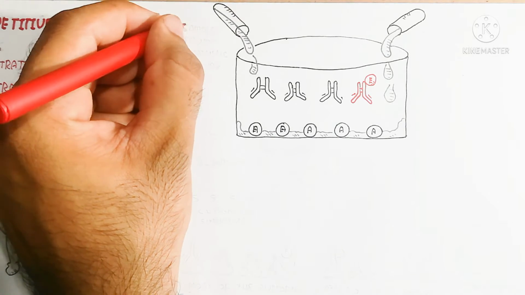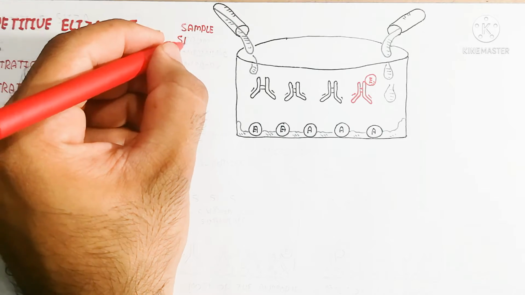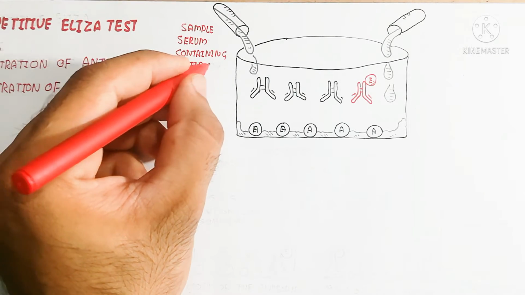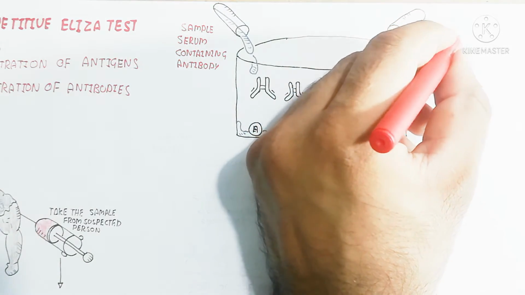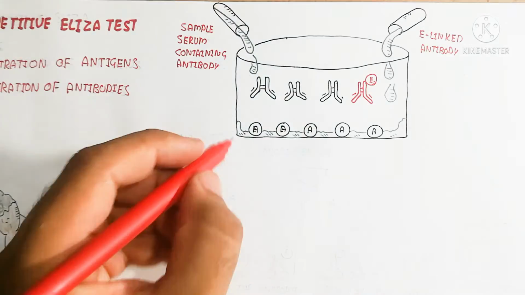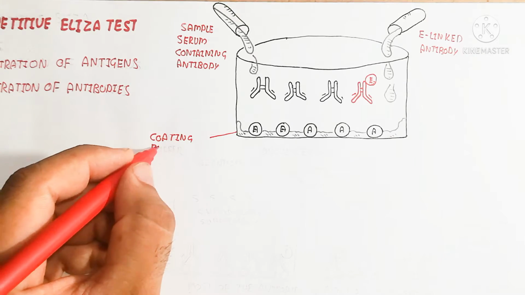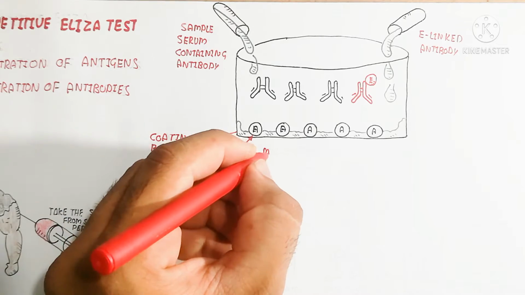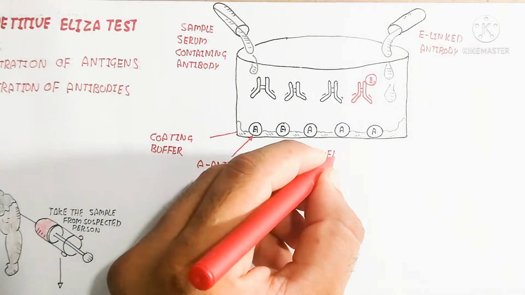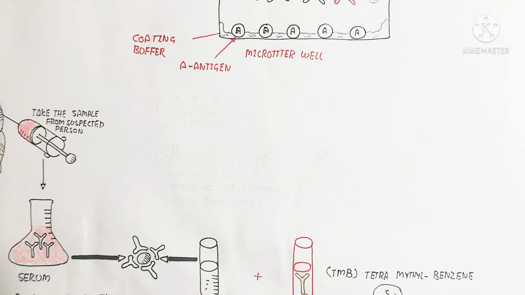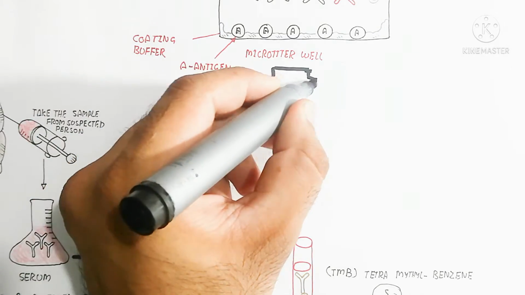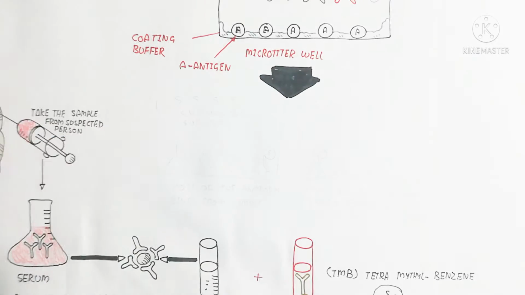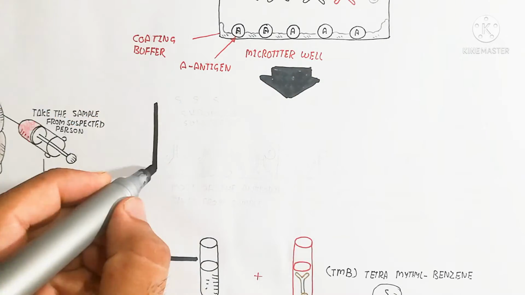This microtiter well contains an antigen that comes from the lab, along with a coating buffer that protects the antigen from releasing. We add the sample serum containing antibody from the suspected patient, and on the other hand the enzyme linked antibody is added. So both antibodies compete against the antigen.